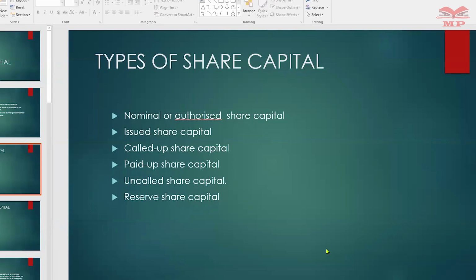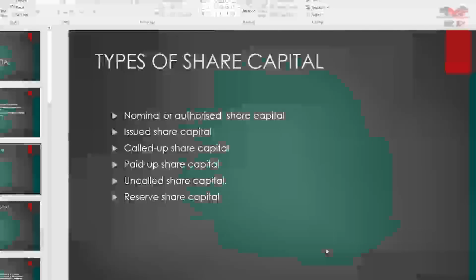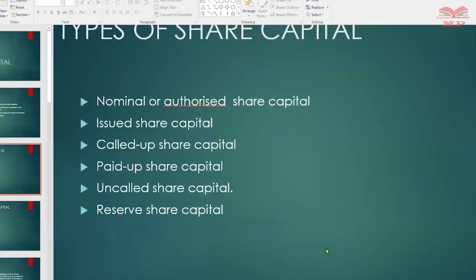Paid up share capital is the sum total. You remember we talked about the issued share capital. If it was not wholly paid up, then once the company ascertains the amount of shares that were issued and paid, and the total nominal value of these issued shares, unless some shareholders refuse to pay, the paid up capital will be equal to the called up capital.